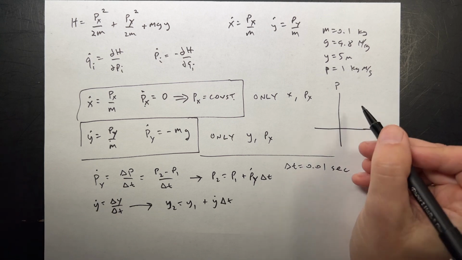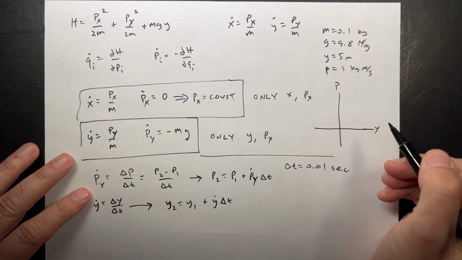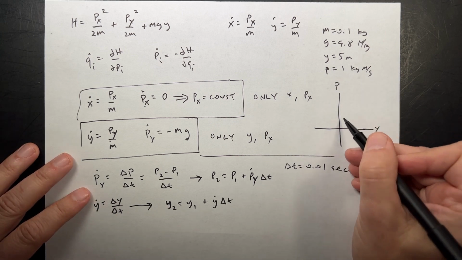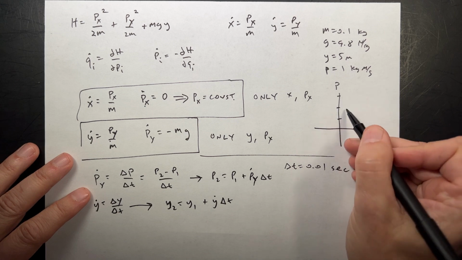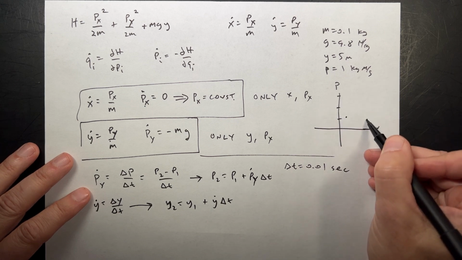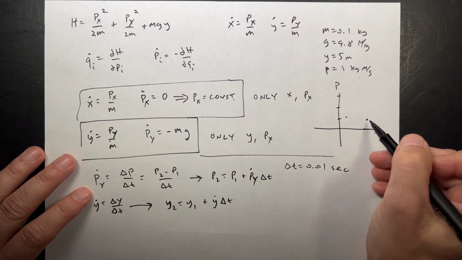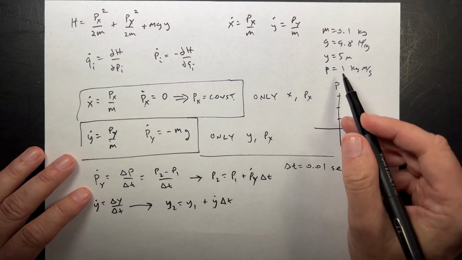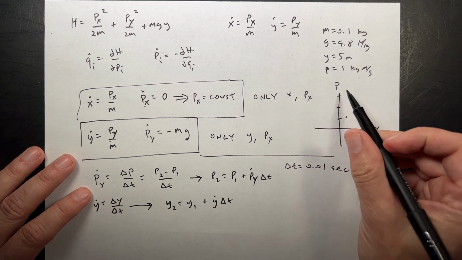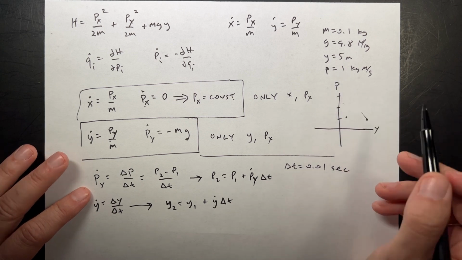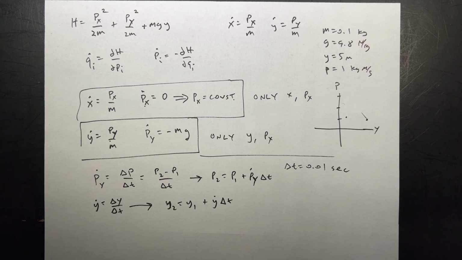And so that would be the initial momentum right down here of 1, and y is right there. And then where is it going to move? Actually, it's going to increase in y value because it's moving in the positive y direction. But let's just go ahead and plot a motion of this, because then I want to show you something really cool. So let's jump over to Python and model this.